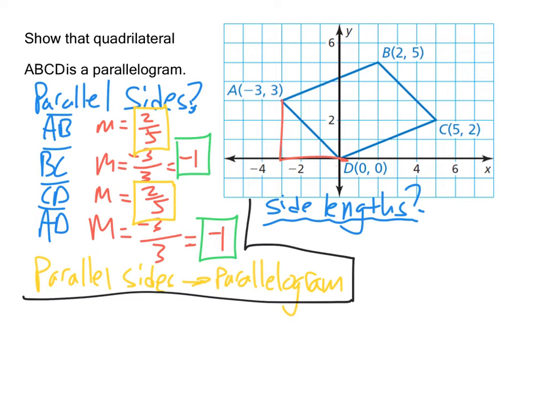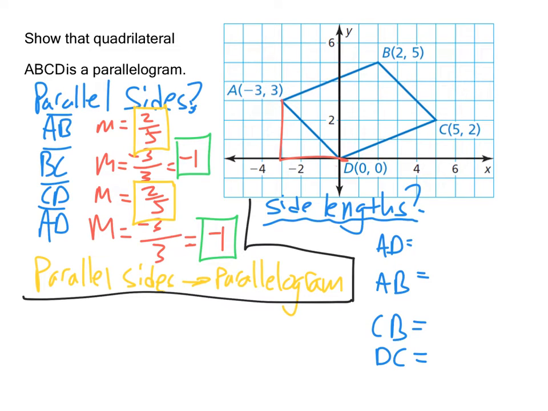Okay, so we've got to use the Pythagorean theorem. So we're going to look at each of these sides, and we'll find their lengths. Okay, so we've got AD, and we've got AB, and we've got CB, or BC, and DC, or CD.